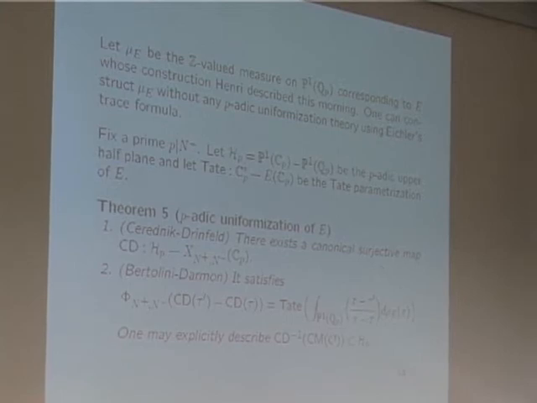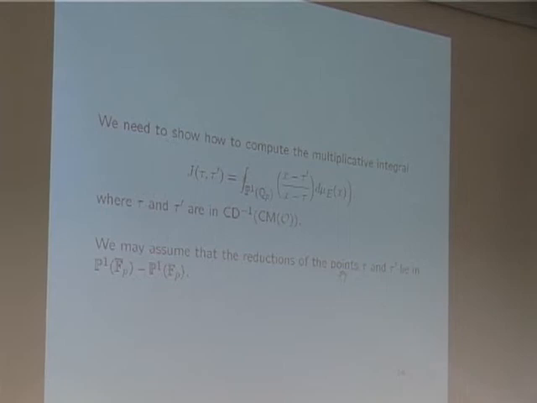So we really know which τ' and τ to take if you want to evaluate this uniformization map on a CM divisor. I won't make this too precise because I want to focus on actually how to compute this p-adic integral, which I think is clear now is the key thing that one has to do to be able to compute these Heegner points.